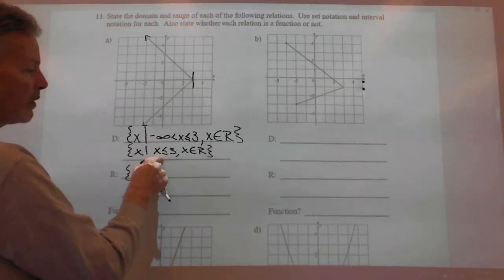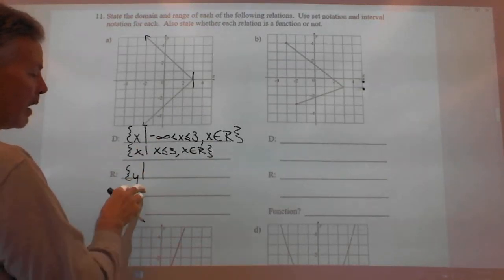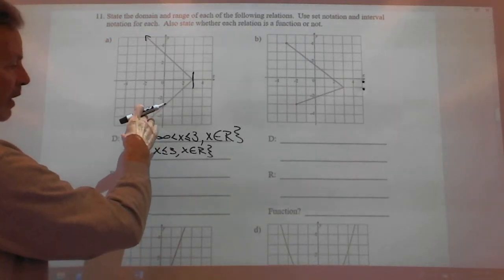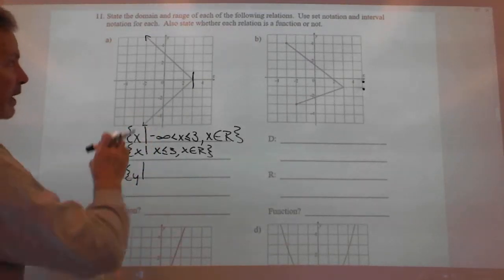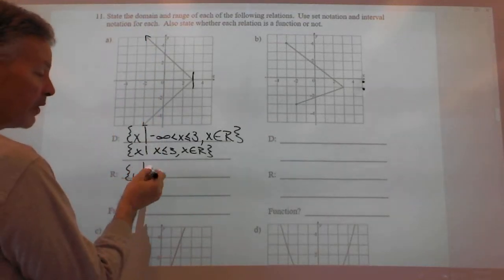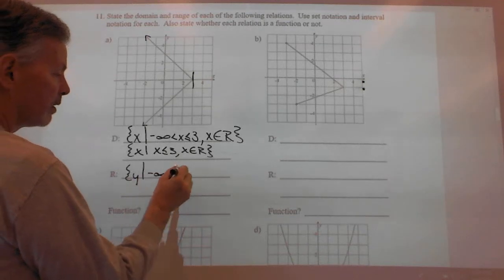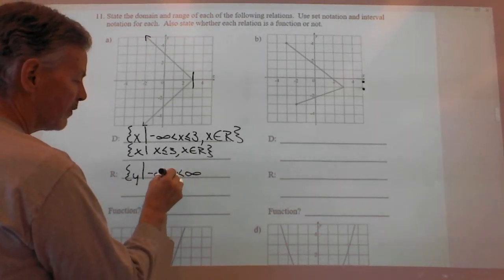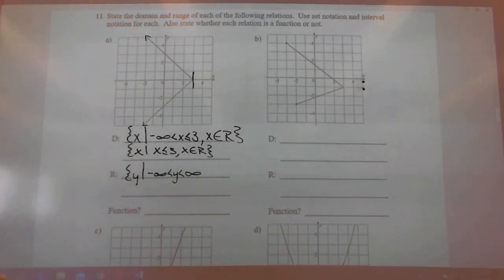So either of these is acceptable. For y, since the line goes down all the way to infinity and up all the way to infinity, I could say that y has to be less than infinity and greater than negative infinity.